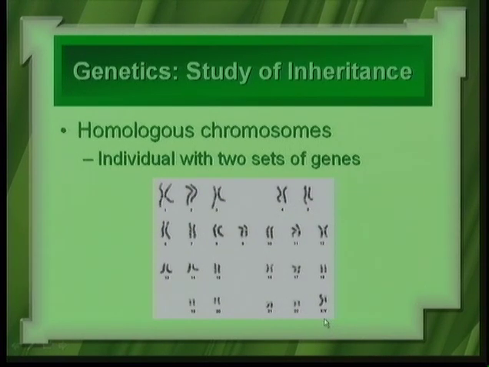And if you remember, we human beings have a set of 46 chromosomes, as long as we don't have any kind of chromosomal abnormality. Another thing is you can tell this is a man because he has one X chromosome from his mom and a Y chromosome from his dad. So this person, of course, is a normal person with 22 sets of autosomes, chromosomes 1 through 22, and then one set of sex chromosomes.